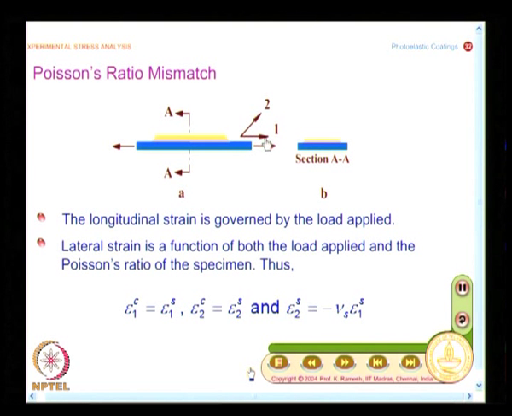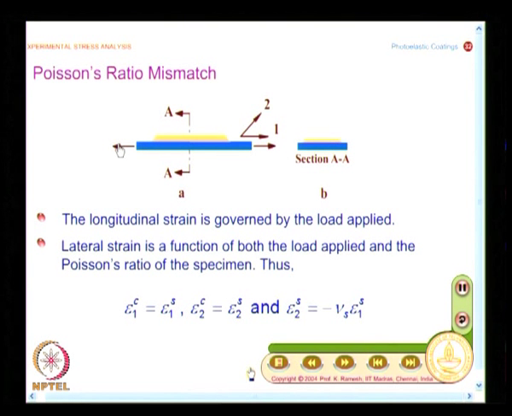I take axis 1 along the specimen, I take axis 2 transverse to the specimen, and I have a photoelastic coating pasted on this. And if you take a section here, the section will look something like this. It is deliberately shown that this coating is interior, not extended to the full length, to illustrate the point.